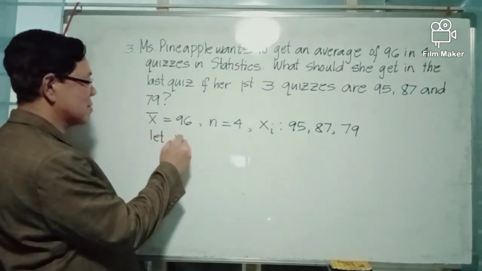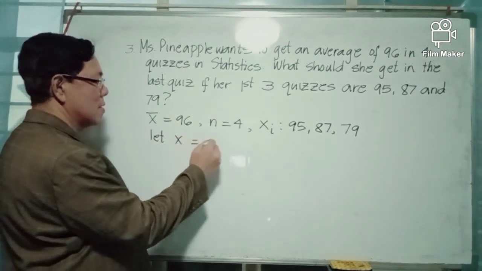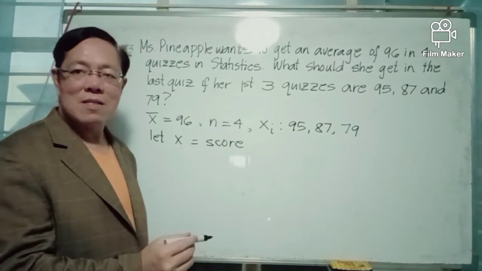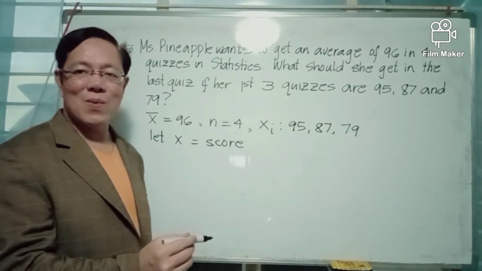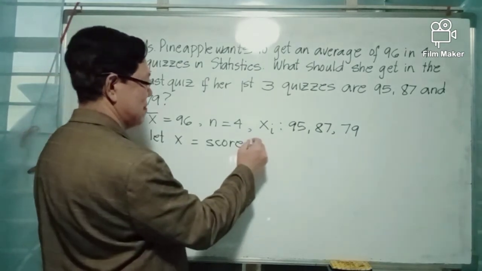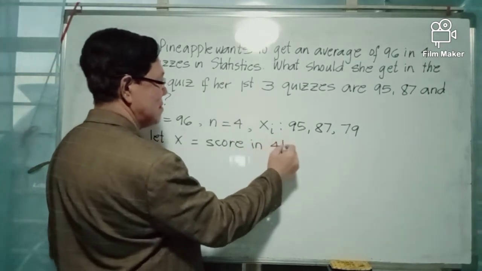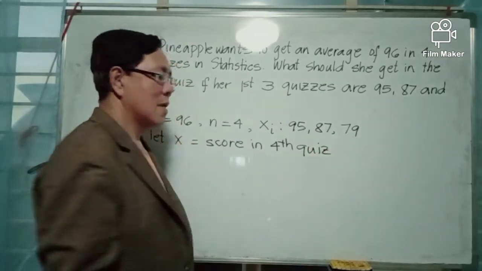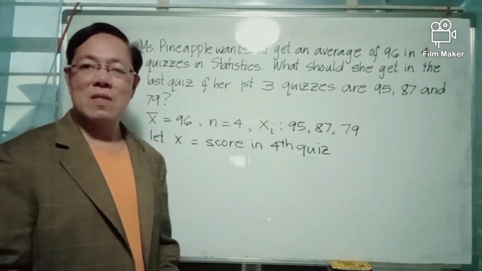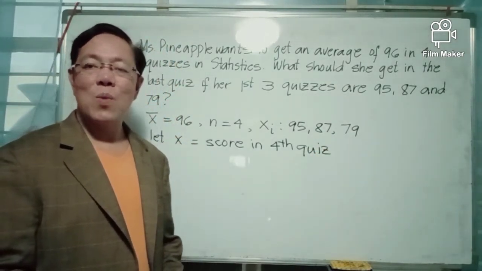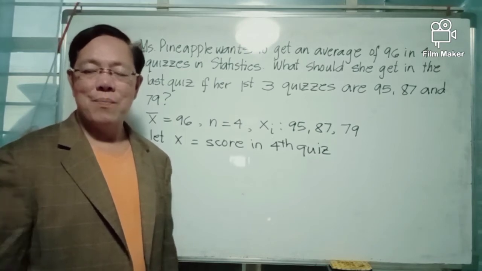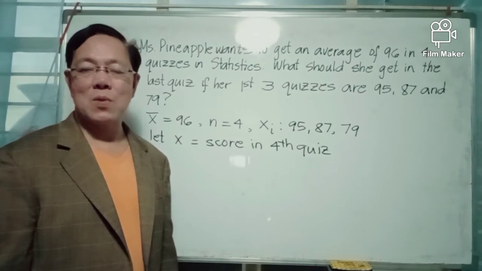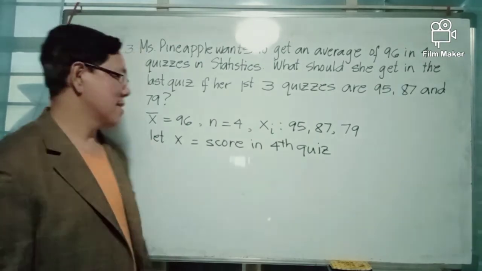We let x equal the score of Miss Pineapple in the last quiz or in the 4th quiz. In each of these 4 quizzes, we take 100 points as the maximum or perfect score in a quiz.